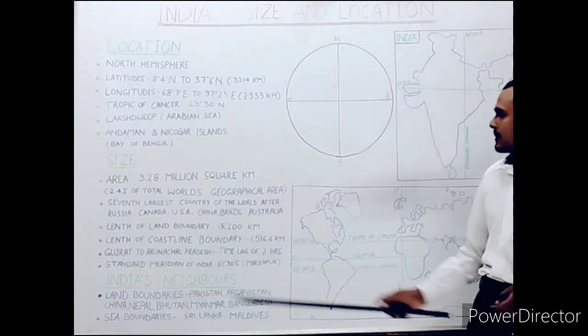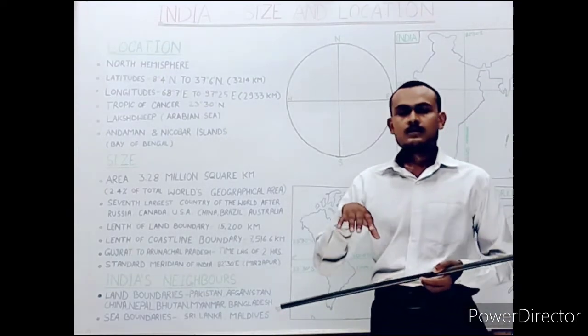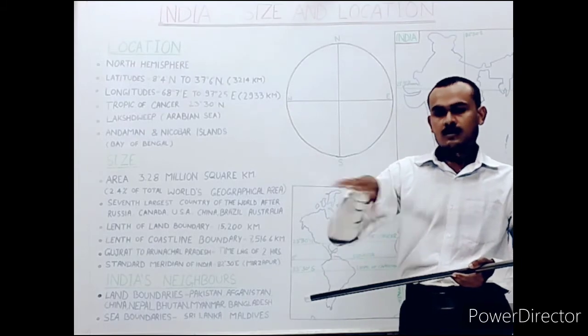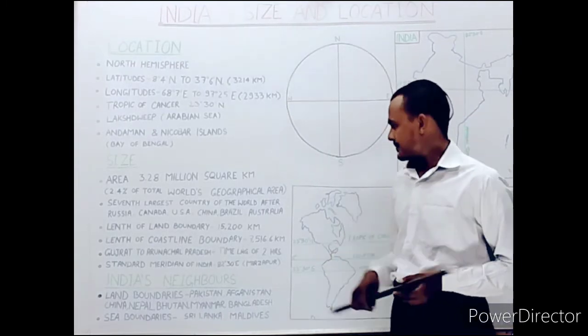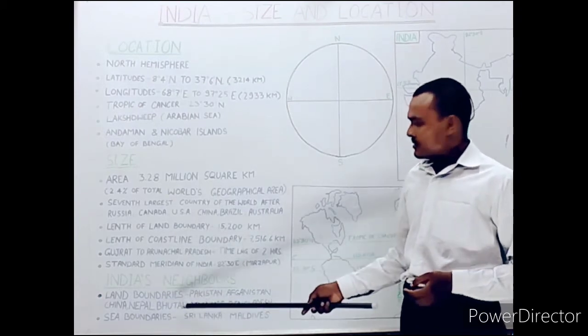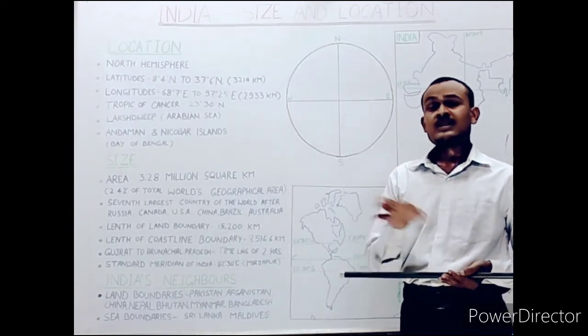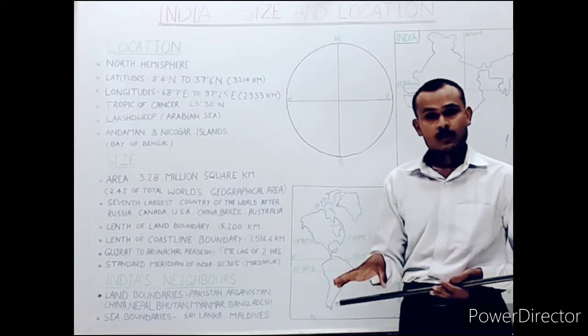Next is India's neighbors, the countries found around India. The countries are divided into two parts: land boundaries and sea boundaries.